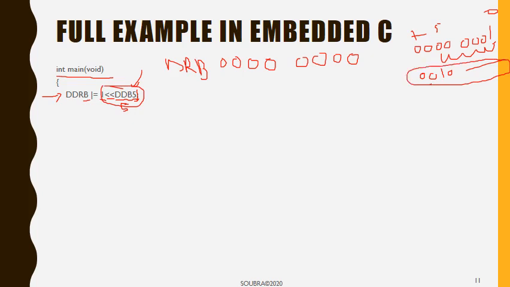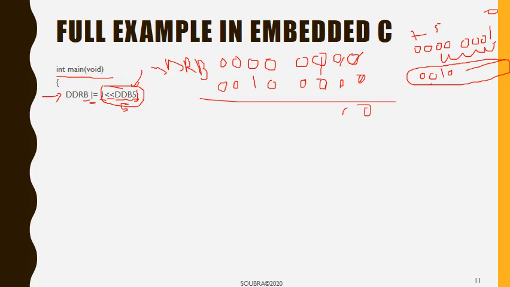And then I'm ORing it with whatever value I had in the DDR before. So this is what I'm doing. I'm taking my 1 that I shifted and I'm ORing them together. This means that whatever has been here before, it will be the same.